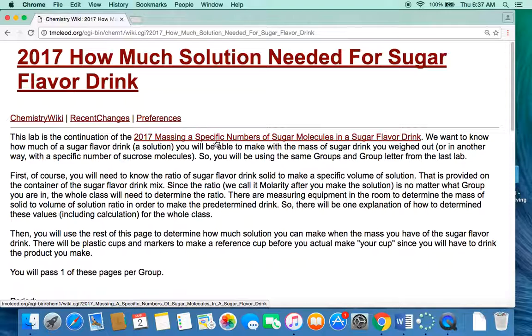So somebody's going to do that, and then somebody's going to do the actual calculations to determine what the molarity of that solution would be. That is done as a group. The whole class will give one answer.